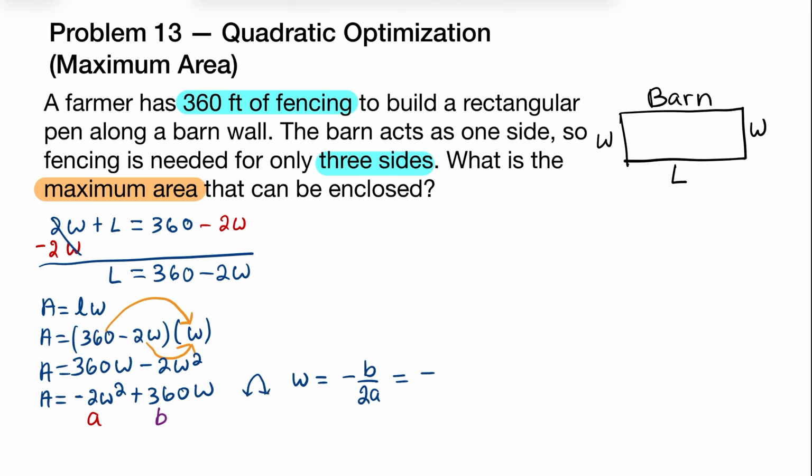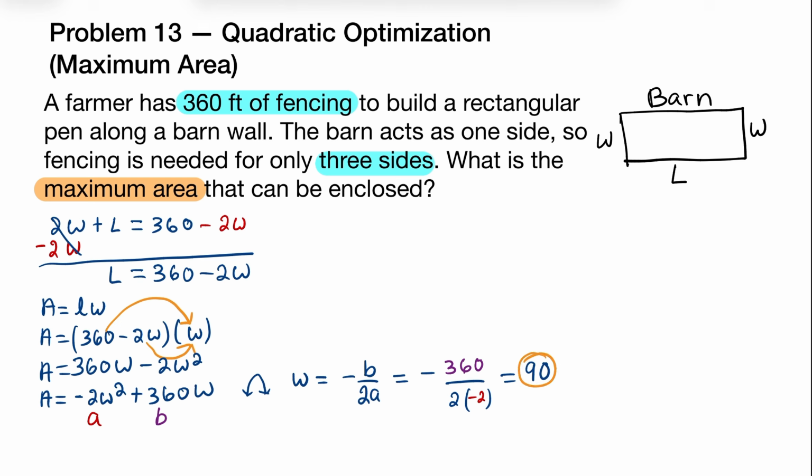We have negative, and B we're told is 360, over 2 times A, which is negative 2. We see that negative 360 divided by negative 4 equals 90. So our width is 90.